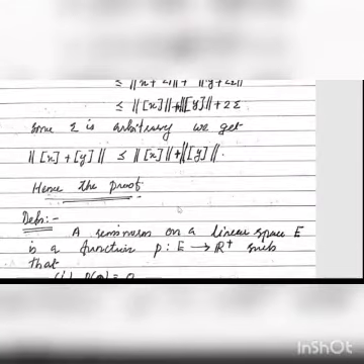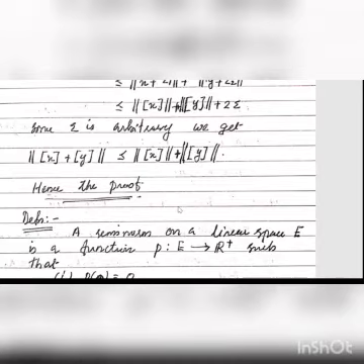This definition, semi-norm. Semi-norm means that in the norm definition, we drop the condition that norm of x equal to 0 if and only if x equal to 0. If you violate that condition, we say that it is a semi-norm.